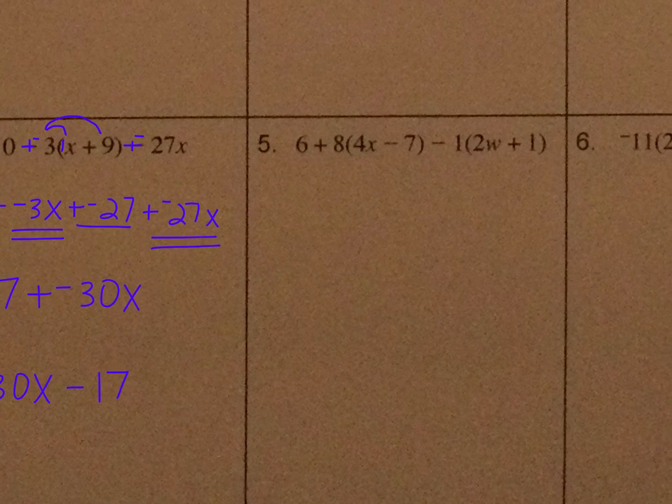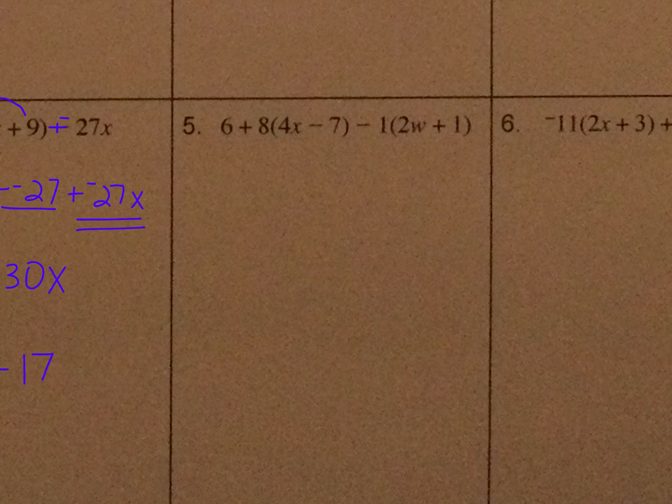Number 5. That's kind of a long one. Blech. So it's got 2 sets of parentheses. I'm going to go ahead and say plus negative. Okay. So let's look. The 6, he's not inside parentheses. I'm just going to bring him down.